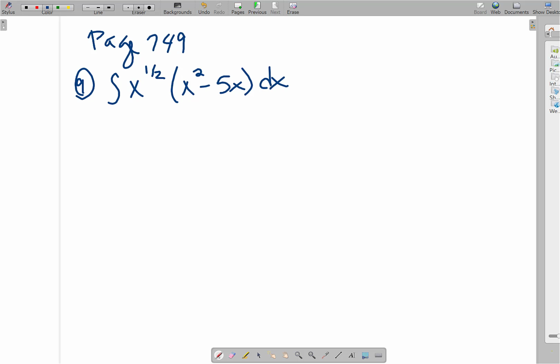In this instance, when you see a monomial times a binomial, what we want to do is distribute before we try to take the antiderivative. So I'm going to distribute this x to the 1/2 to both of these terms.